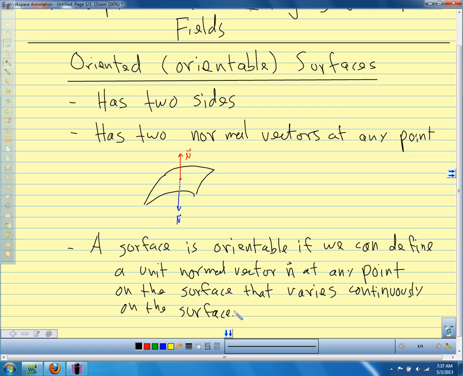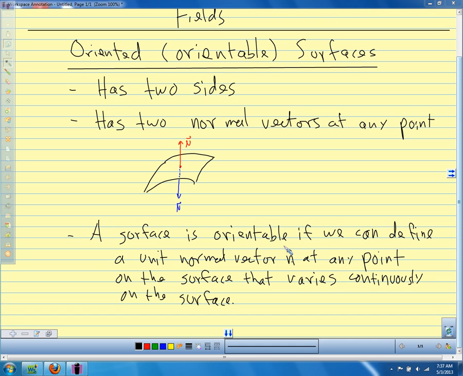So we have a nice surface. It doesn't do any strange things, and we'll talk about a couple of strange surfaces at the end. I have them stacked up on the table there. So for an orientable surface, we can define a unit normal vector anywhere on the surface that varies continuously over the surface, and it has two sides.